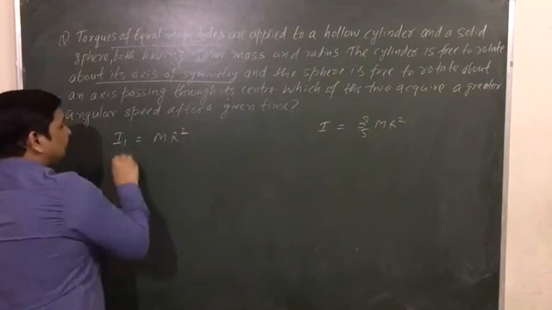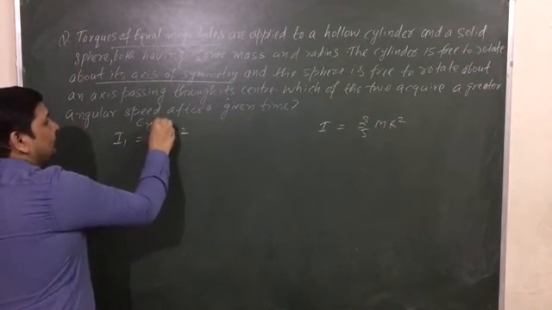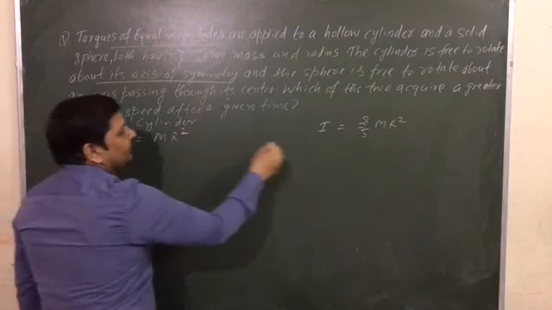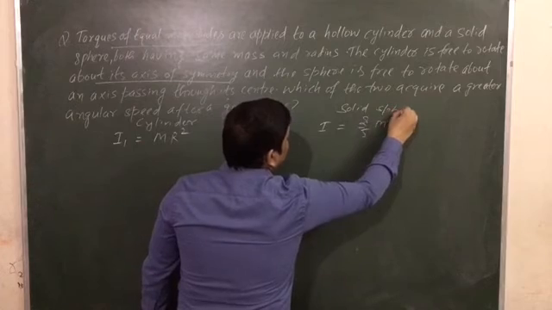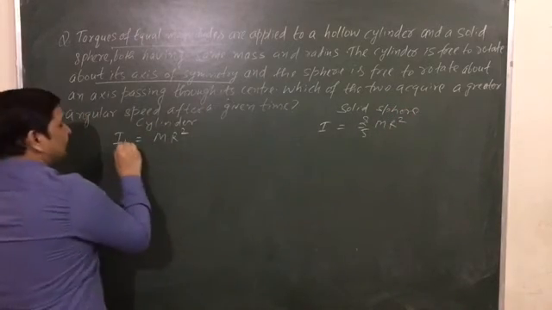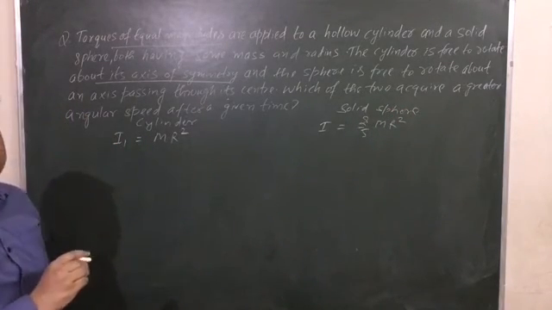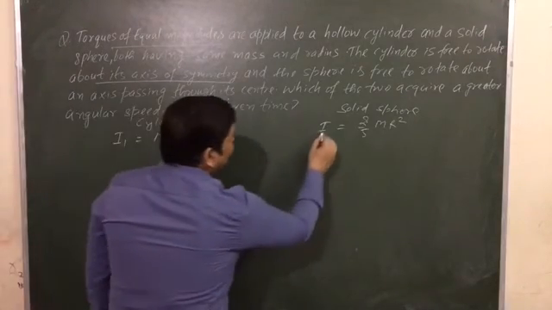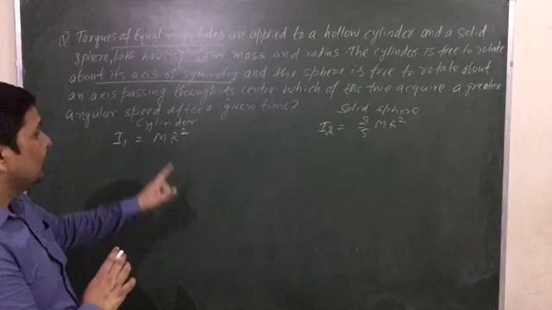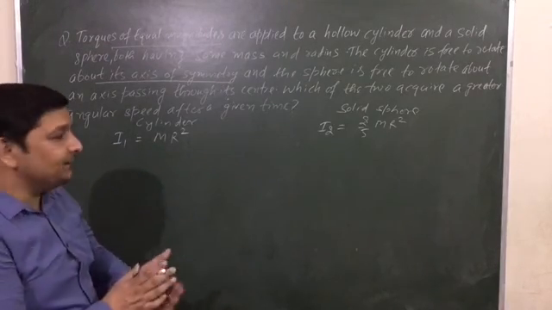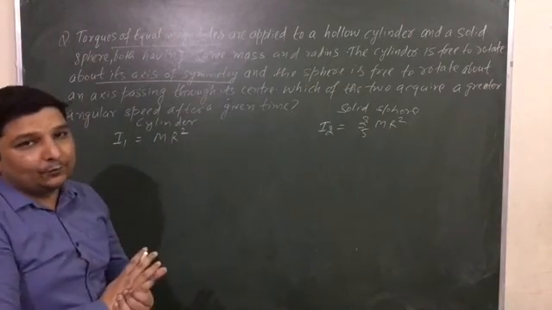Now consider the hollow cylinder and solid sphere. Moment of inertia of the hollow cylinder is I1, given by mr square, and moment of inertia of the solid sphere I2 is 2 by 5 mr square. M is the same for both cases and the radius is also the same.